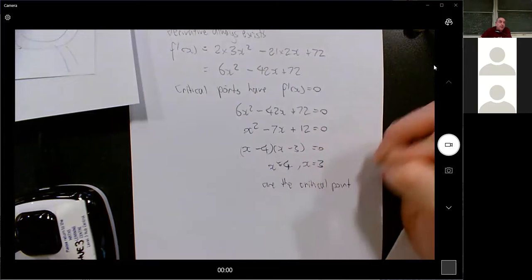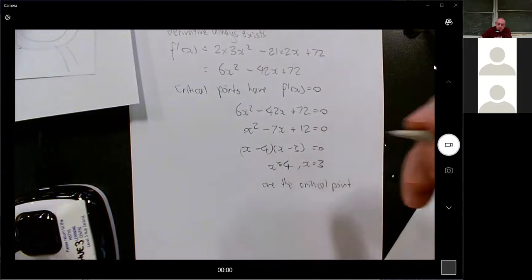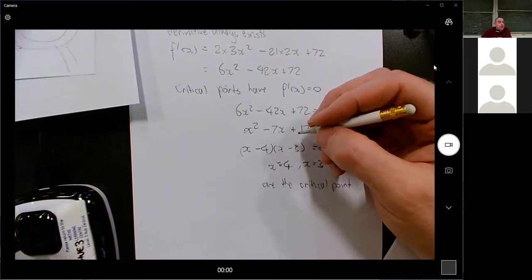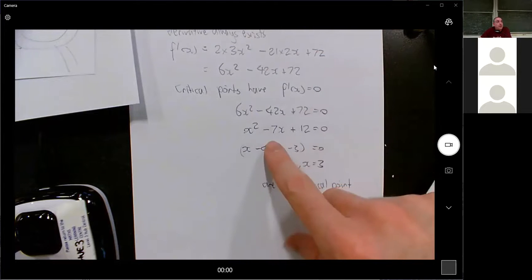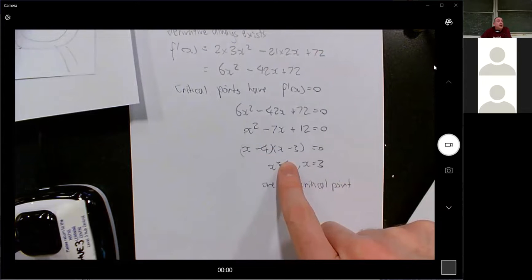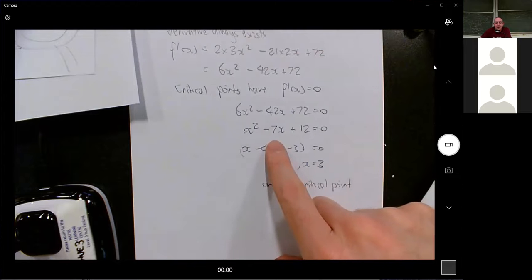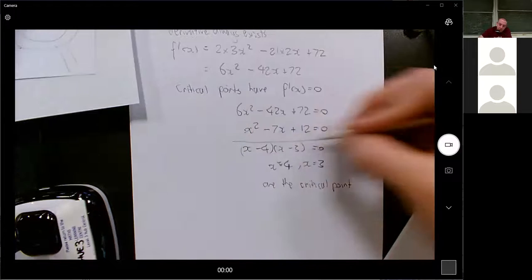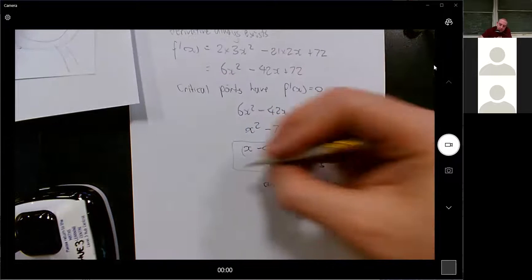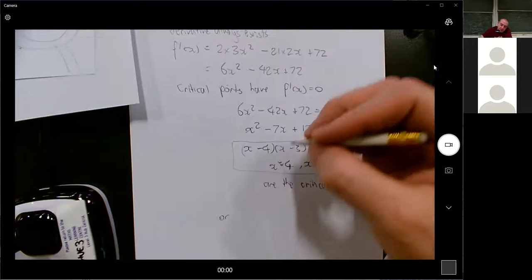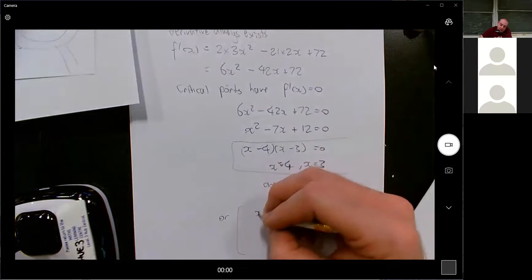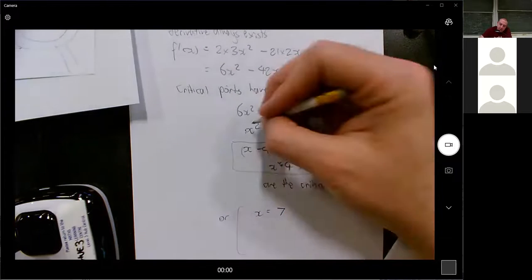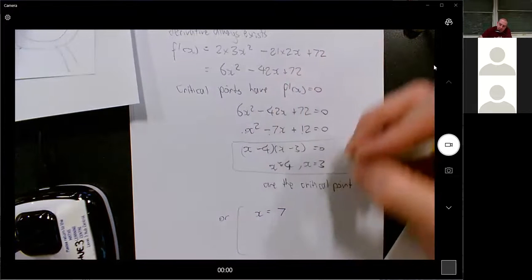Yes, you can always use the quadratic formula if you want. I would spend just a couple of moments seeing if you can think of the right things, but if it takes more than a few seconds, use the quadratic formula. So if you looked at this and you went, no, I don't think of anything, just use the quadratic formula. So you could do this, or you could have done this bit. You could have said x equals minus, so that's a and b and c.